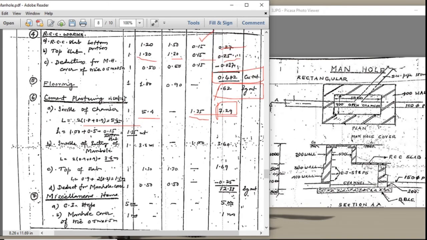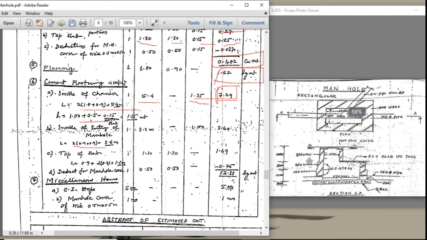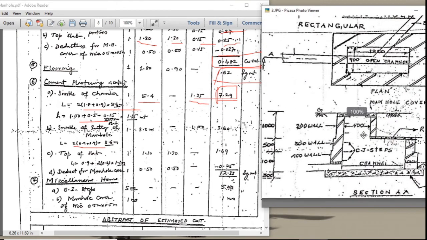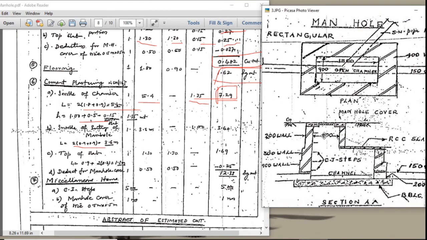The description is here. Entry point, the slab dimension is 0.9 into 0.9. We'll get 3.6 into 1, then we get 3.60.